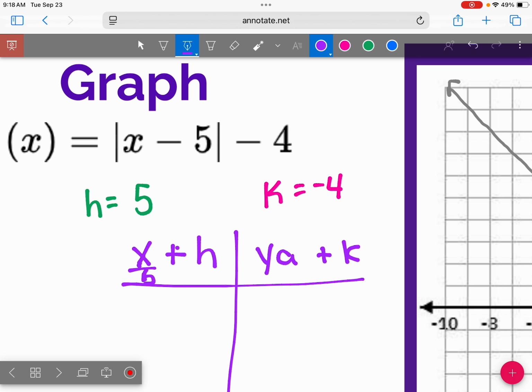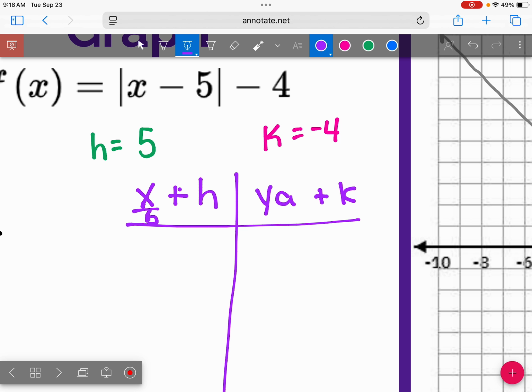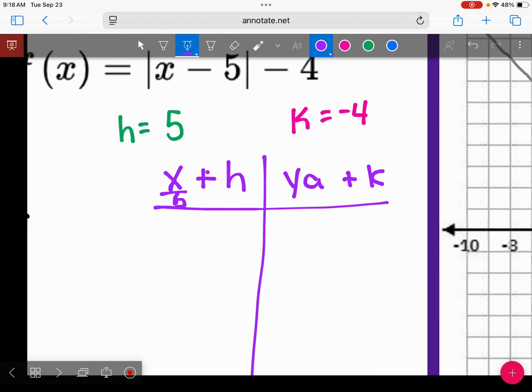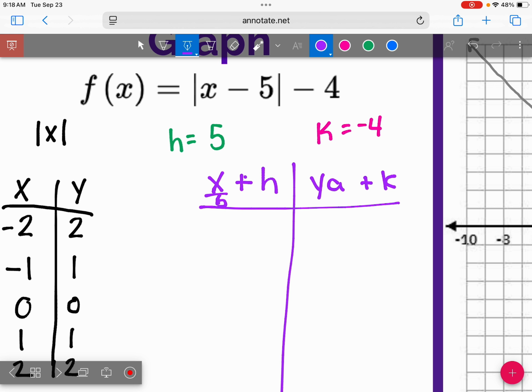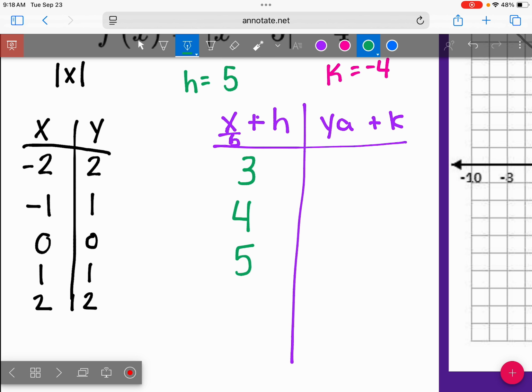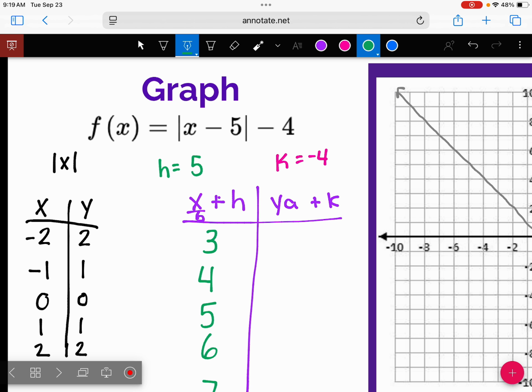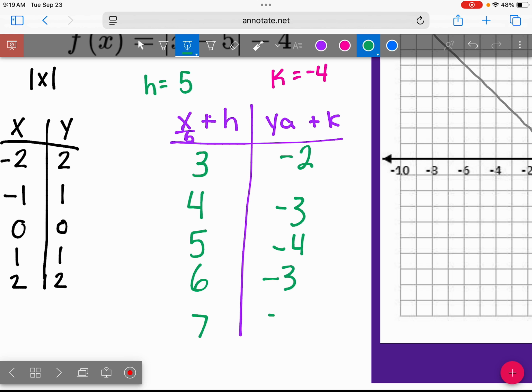I'm going to show you several ways to do it. In this case, it genuinely doesn't matter because I don't have a b value and I don't have an a value. We just have h and k. So adding h, adding 5, means we're going to wind up with -2 plus 5, giving us 3, 4, 5, 6, and 7. And taking away 4, we're going to have -2, -3, -4, -3, and -2.